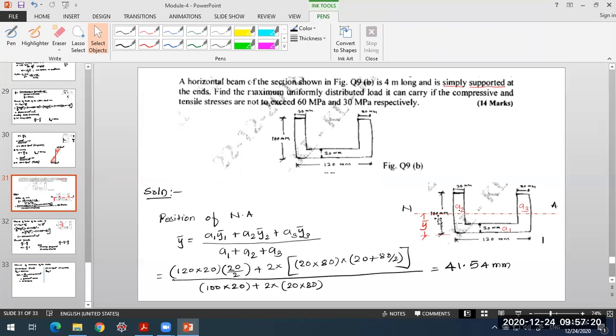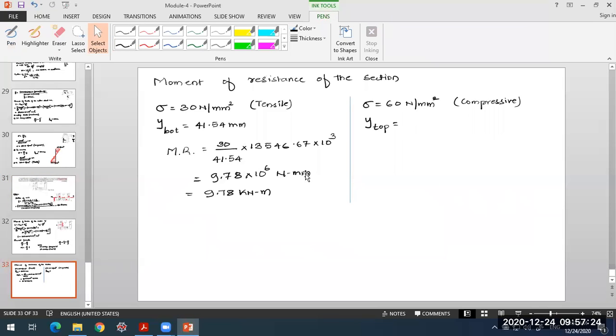Overall depth of the section is 100 mm. So 100 minus 41.54. That is 58.46 mm.